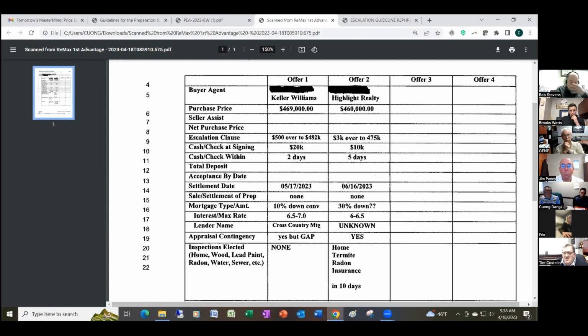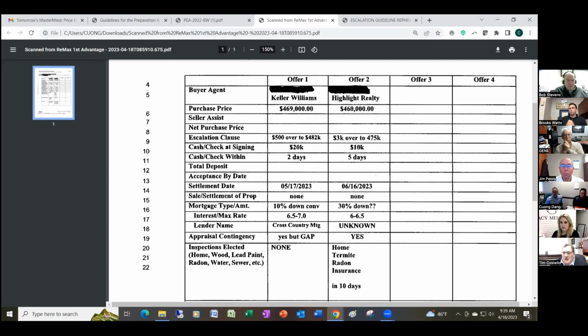Now, let's say that offer number two, the max was 485. What would the sale price be if you took offer number two and it would go up to 485? That means that you take offer number one's 482, you add the 3,000, now it becomes 485, which is the maximum offer number two would be. So you're basically saying they would be the exact same offer?